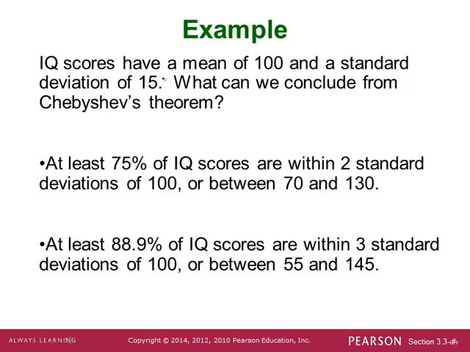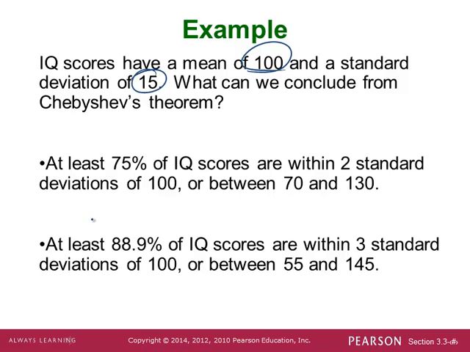Suppose that we have a set of IQ scores for people, and typically the IQ is adjusted so that the mean is 100 and standard deviation is 15. Well, we know that at least 75% of the IQ scores will be within 2 standard deviations of the mean.